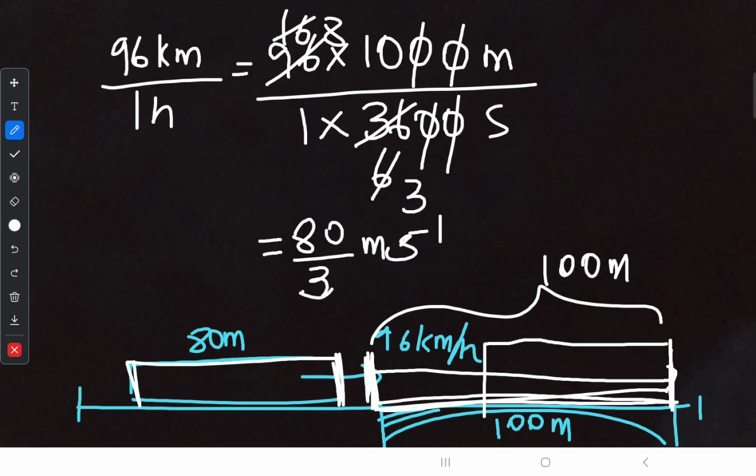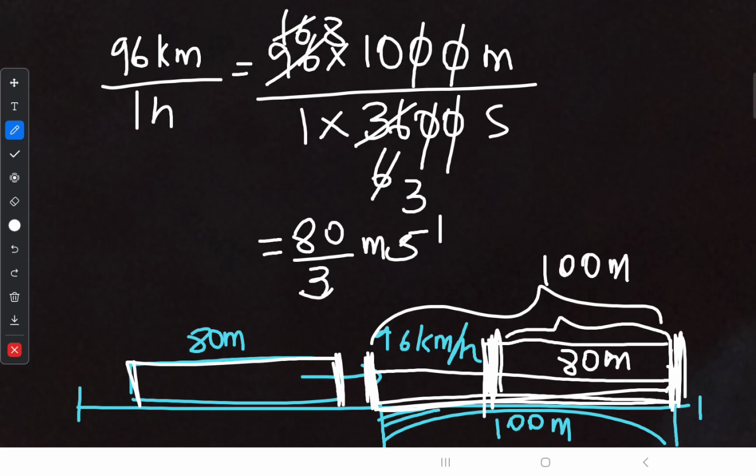We have to find how much time it takes to cross the bridge. That means the last portion of this train should be at the end of this bridge. So we have to consider the length of this train also, because that is a concerning factor: 80 meters plus 100 meters.